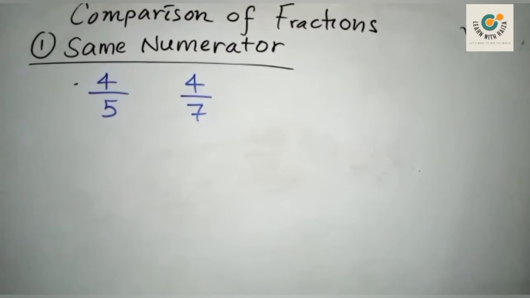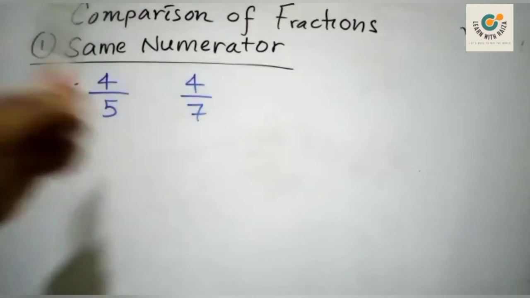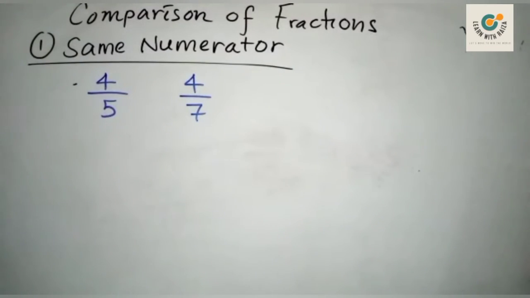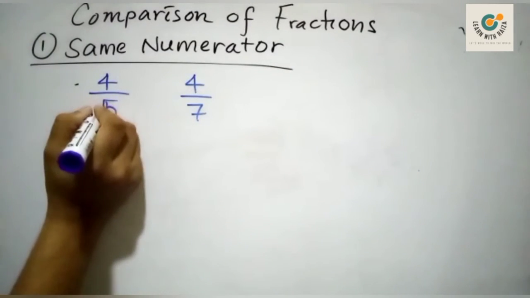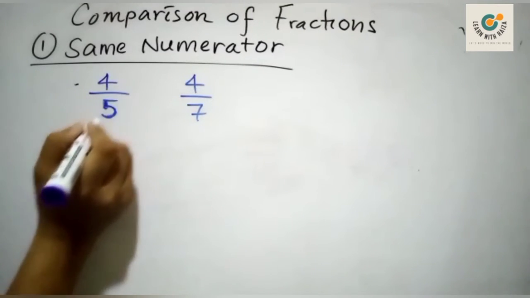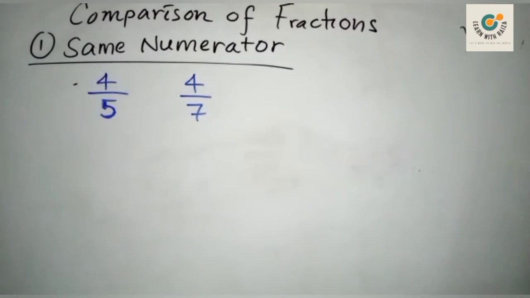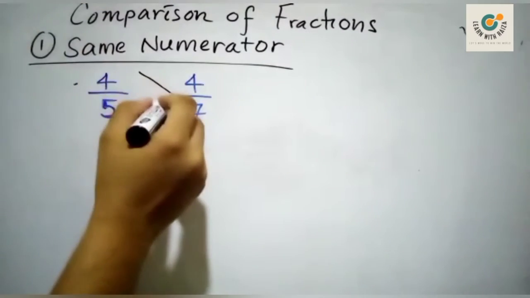Because the denominators are different. When you are given two fractions with different denominators but the same numerators, you have to remember that the fraction with the smaller denominator will be your larger fraction.